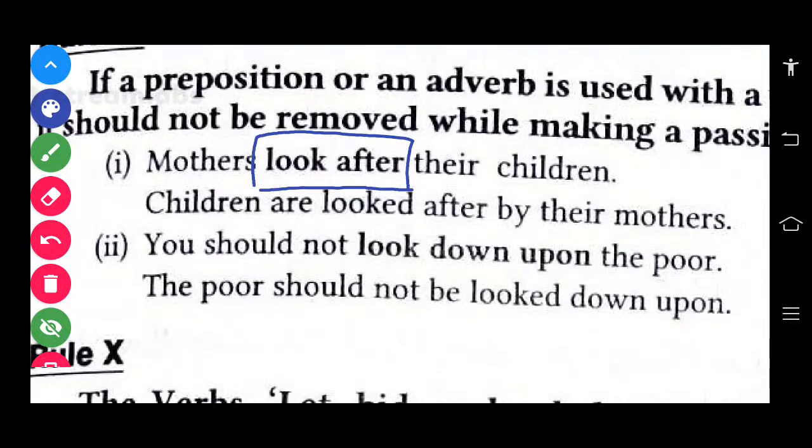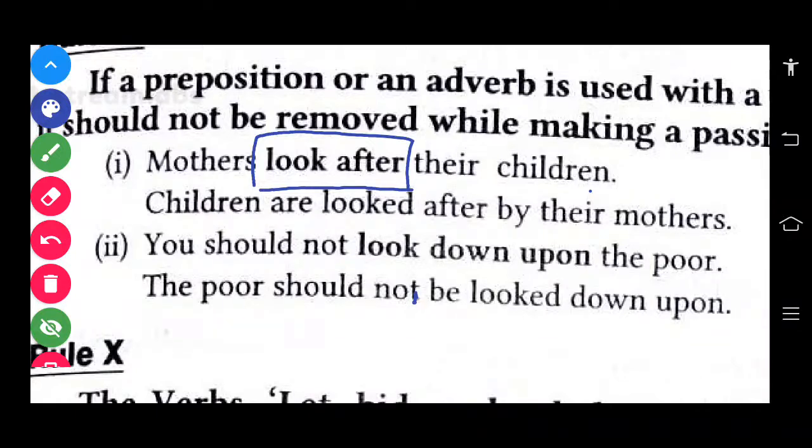As it was used to express a specific meaning, in passive we should not avoid it. We have to use it. Children is the object. Look is the first form of the verb, so it is am/is/are plus V3. So: children are looked after by their mother. Okay.